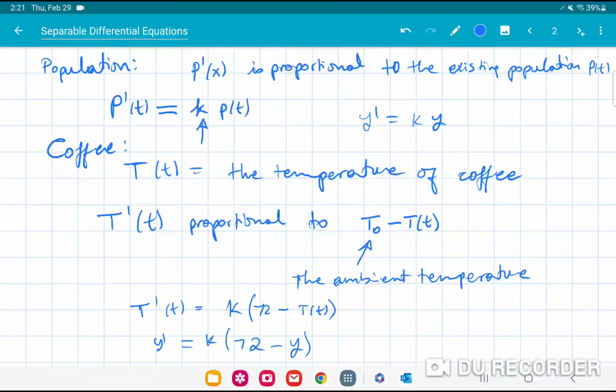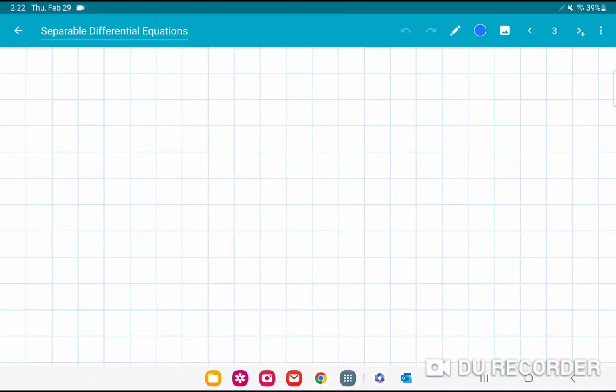Now let's go to a separable differential equation. What's a separable differential equation? A separable differential equation is always a first order differential equation. We don't do second order, third order differential equations.